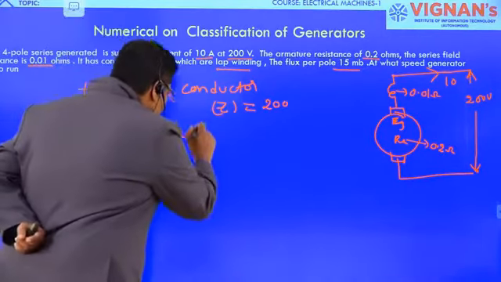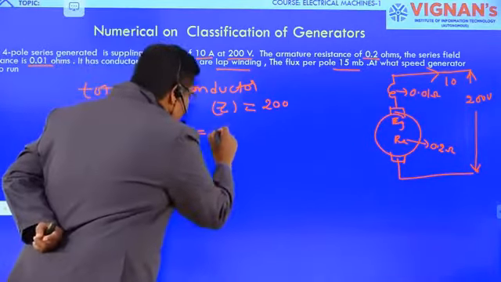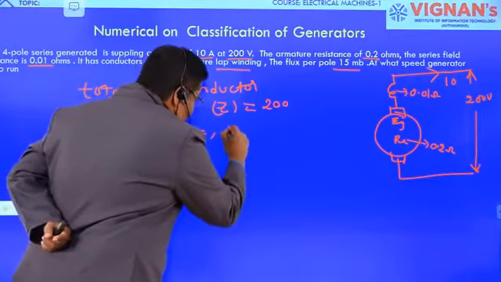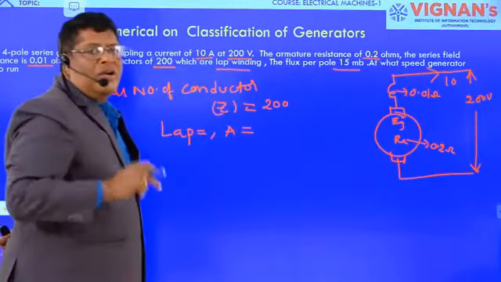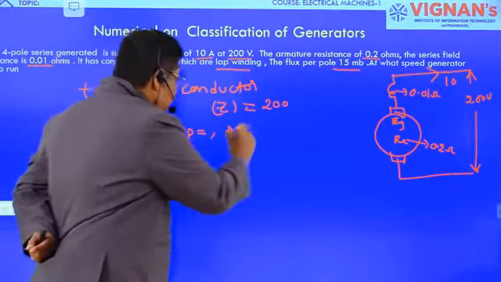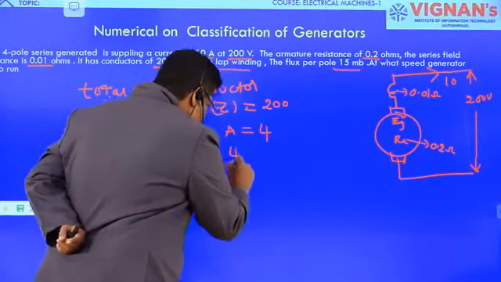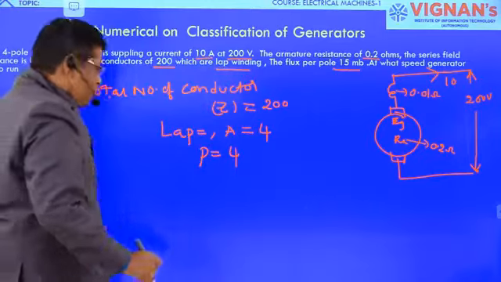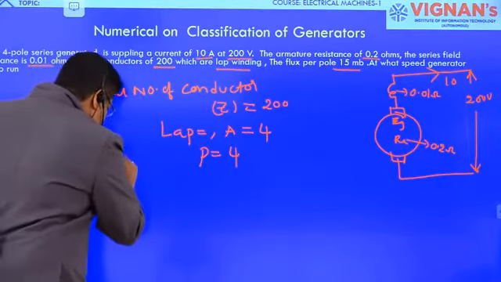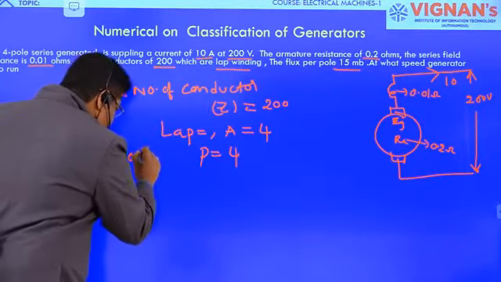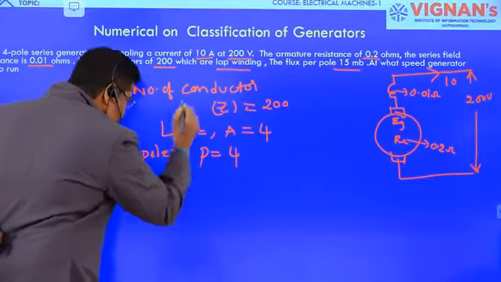If it is lap winding, the number of parallel paths A equals the number of poles, that is 4. The number of poles P is given as 4.